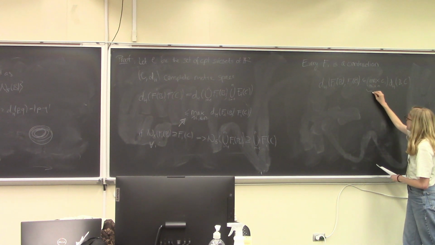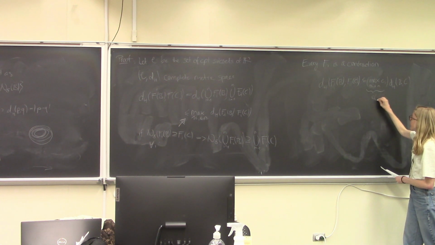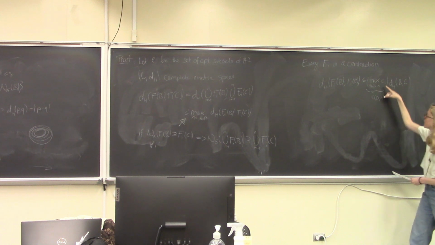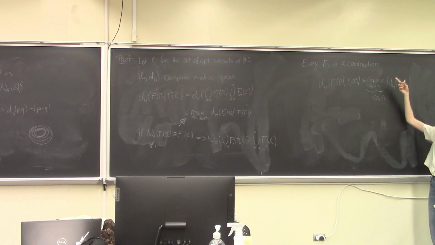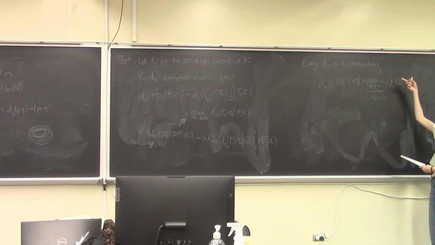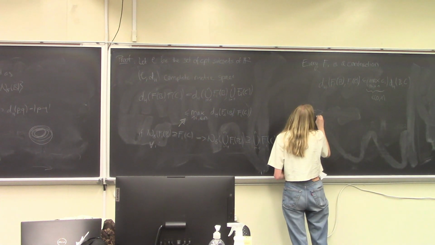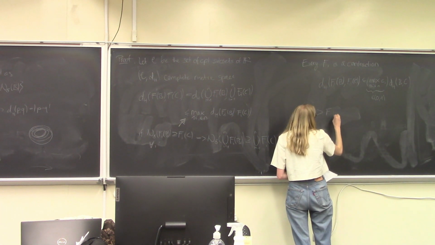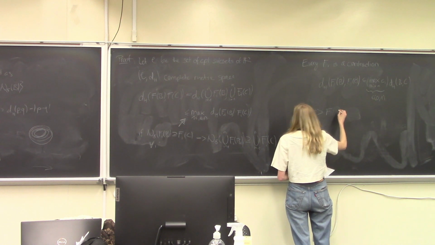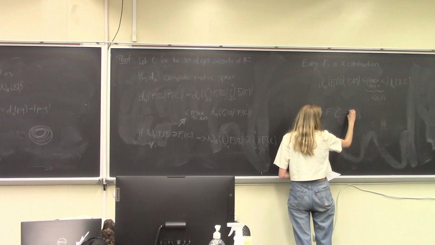And this maximum is an element of (0,1), because c_i was in (0,1) for every i. So we have shown that F is a contraction on this space C.